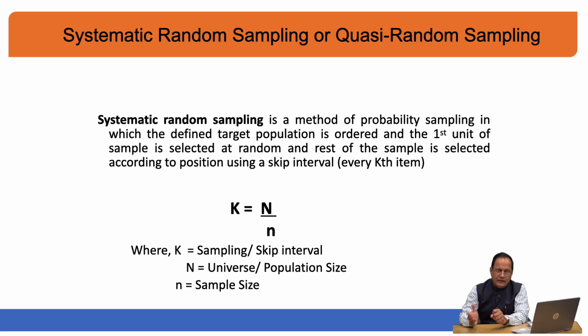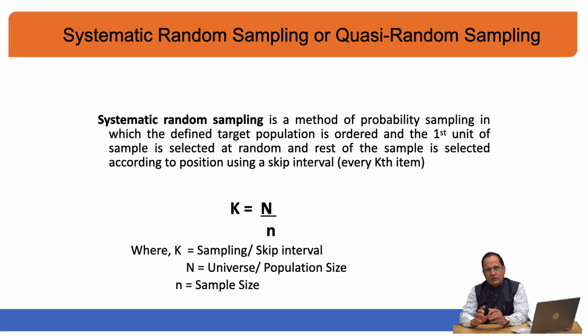Let us again take the example of the university students of 3000, and out of that we have to take a sample of 600 students. So, what we can do is, from among the numbers 1 to 9, we will pick any number randomly.